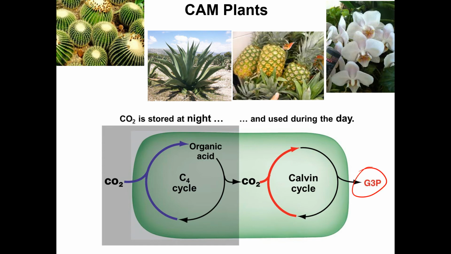So there's a temporal, or time, difference. This is carried out in the mesophyll cell, but carbon fixation occurs at night. Carbon reduction occurs, as well as the regeneration of RuBP, during the daytime.